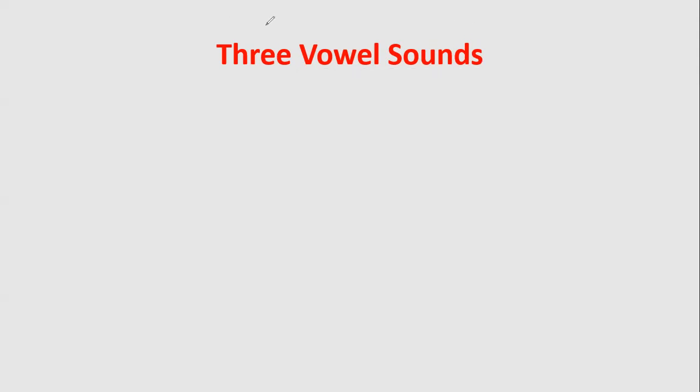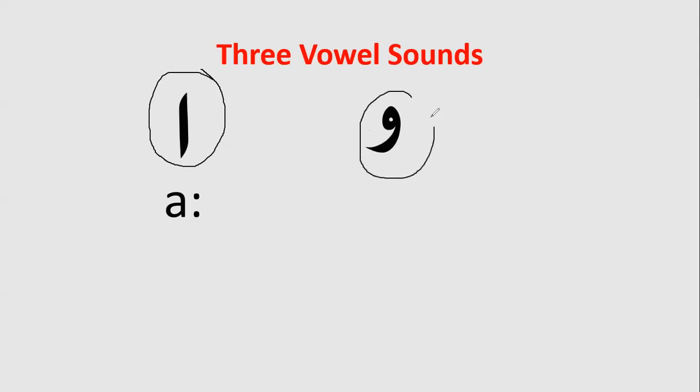But this is a feature of the Arabic language: we have only three vowel sounds. The first one is a, and this is the letter that makes this sound. The next one is u, oo, and this is the letter that makes this sound.